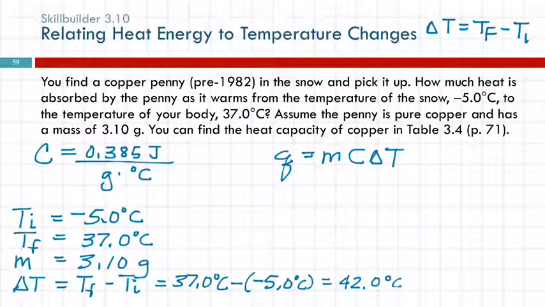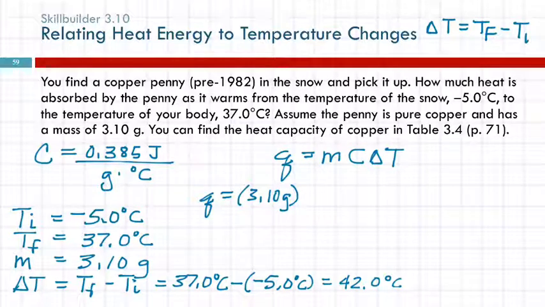The question is, how much heat? That's Q. So I don't have to rearrange this equation. I'm looking for Q. I looked up C. I was given mass. I was given the information to find delta T. So Q equals the mass, 3.10 grams.